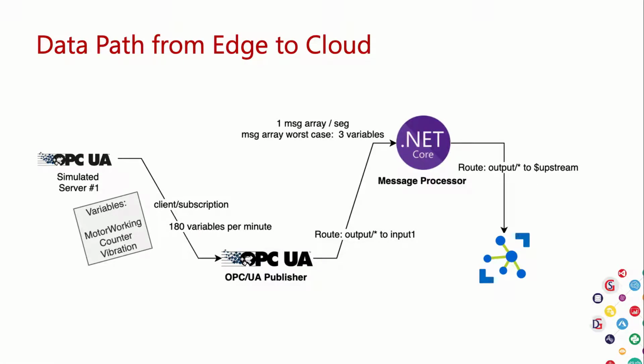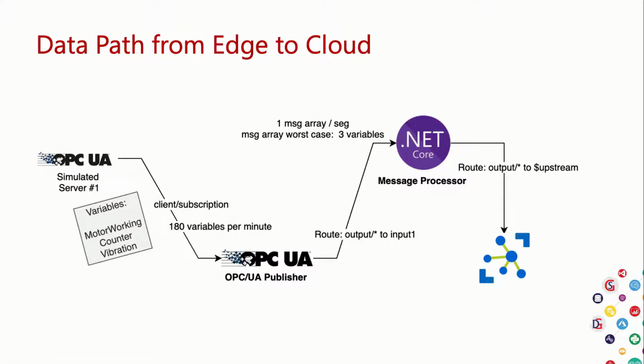The simulated server will provide an OPC UA server, and I will use a pub/sub client on the OPC Publisher module inside my IoT Edge. It will ingest about 180 variables per minute.